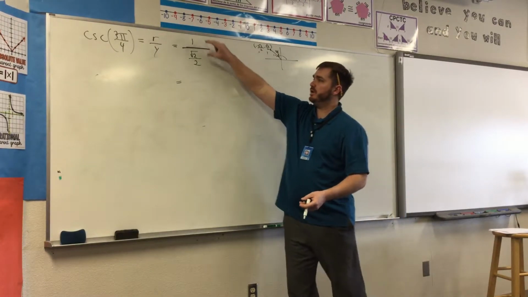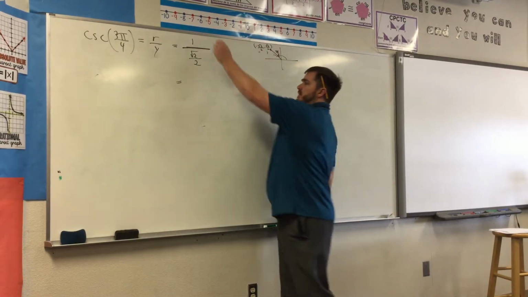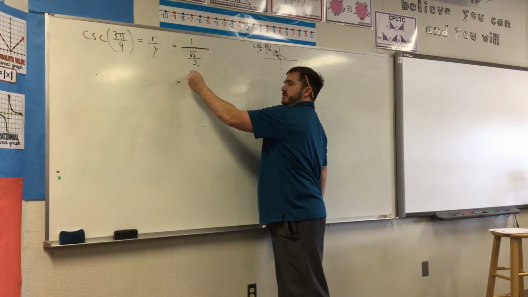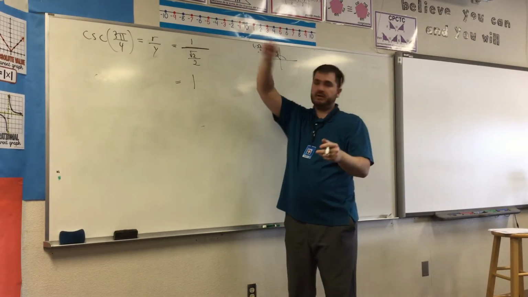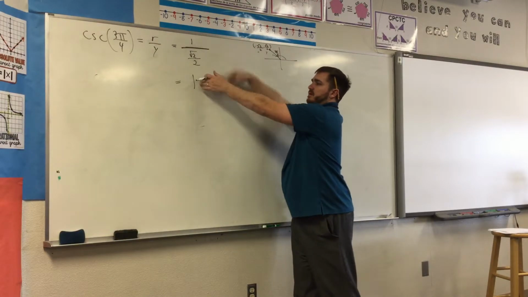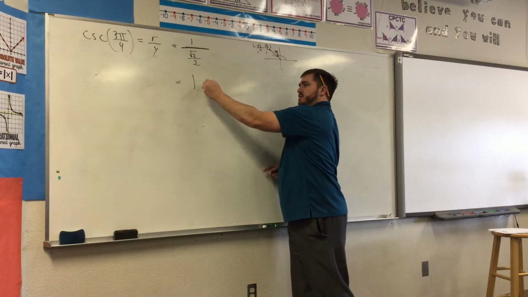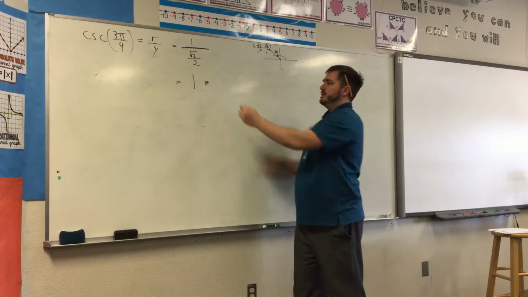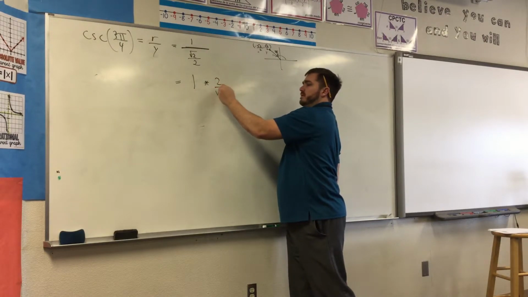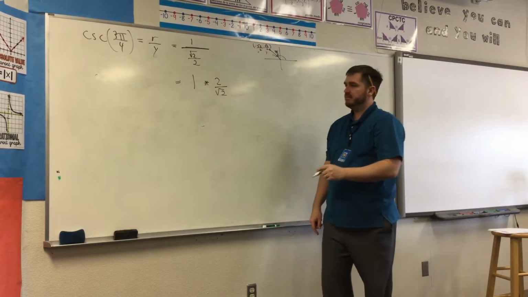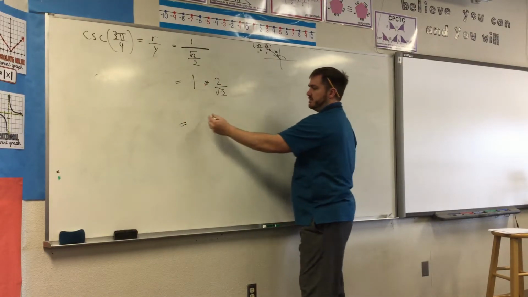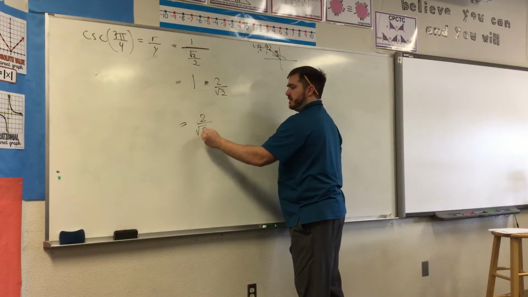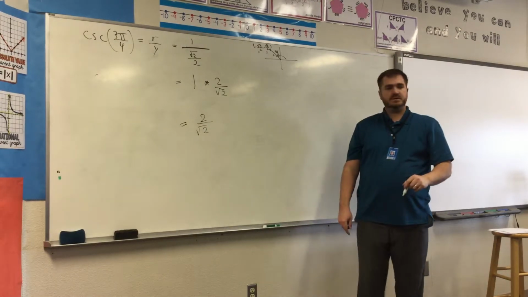But this is the numerator and this is the denominator. So, fraction math: keep that the same, times, and we flip this, 2 over root 2. So that's going to equal 1 times anything is itself, so we've got 2 over root 2.